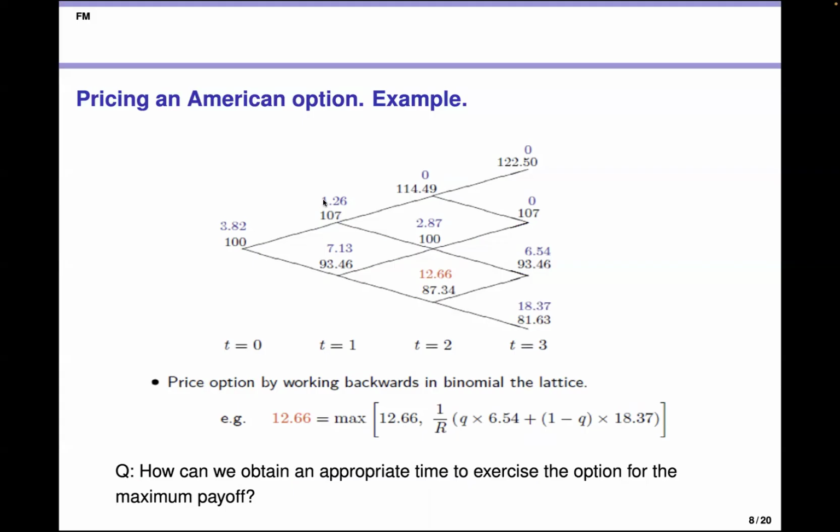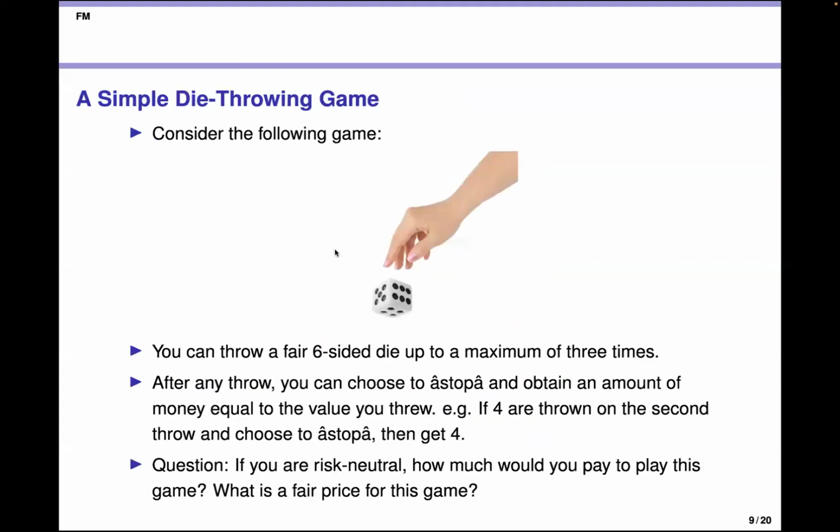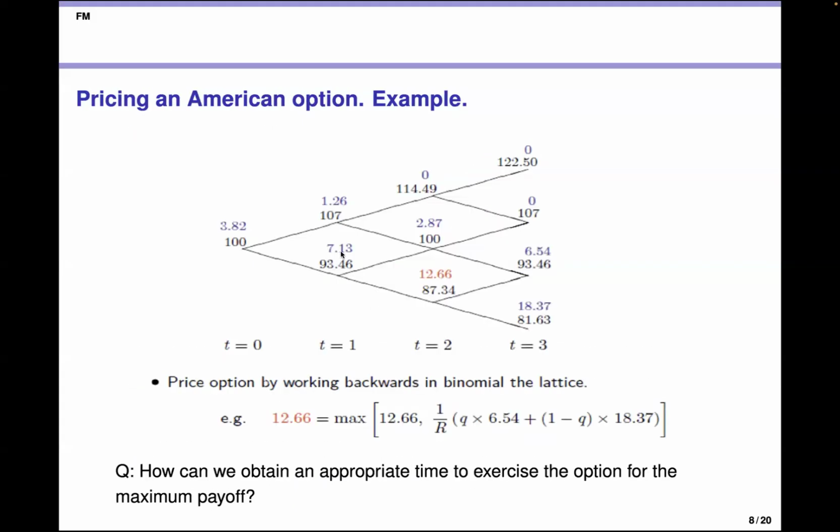For this it's 1.26, for this 7.14, and for this the immediate realization is 0, so it will be the price of waiting, 1 divided by R, and Q multiplied by 1.26 plus 1 minus Q multiplied by 7.13.